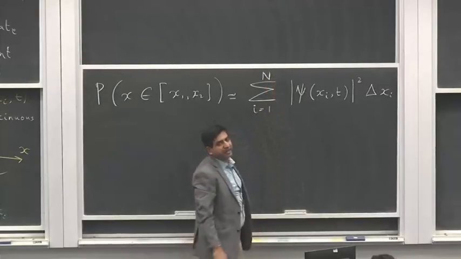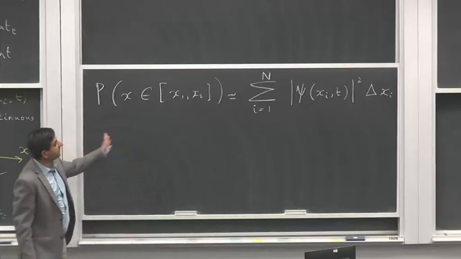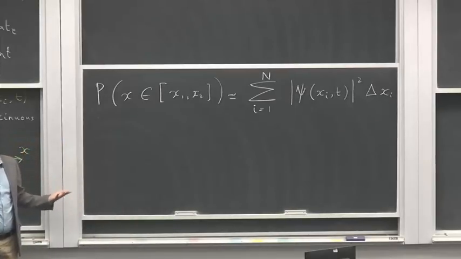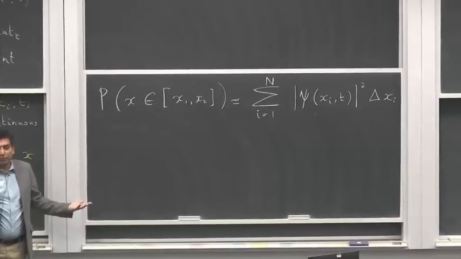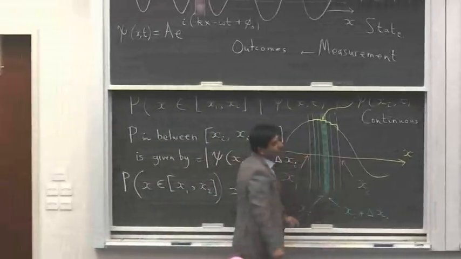Suppose I have capital N intervals, a large number of them. So this is my probability of locating the particle within this region between x1 and x2.